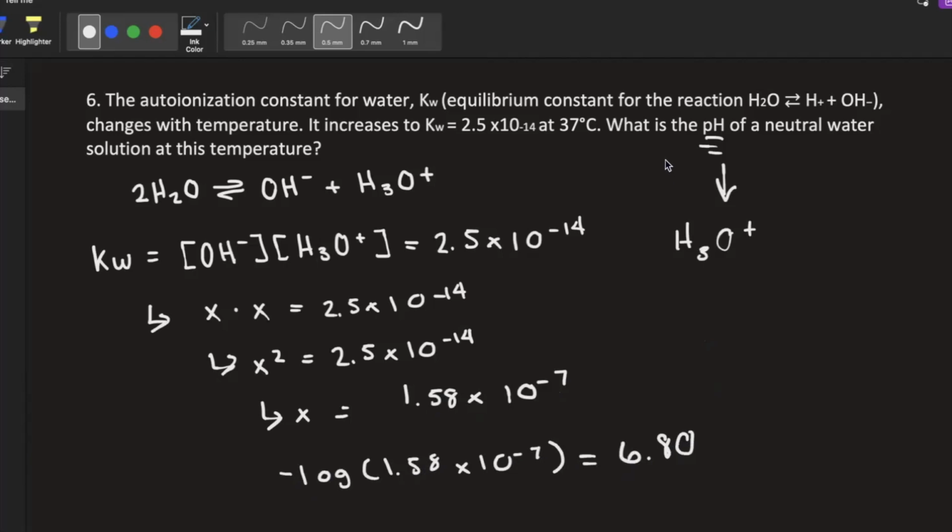So the pH of a neutral water solution at this temperature is going to be 6.80. Notice that this is not the same thing as 7, what we said earlier. And this affirms that it changes with temperature.